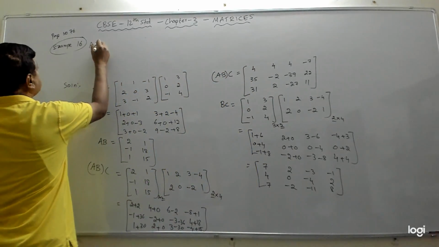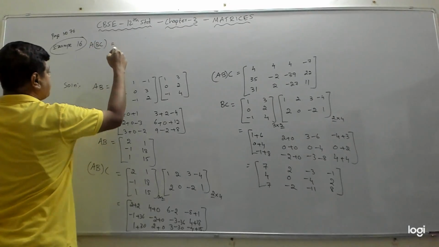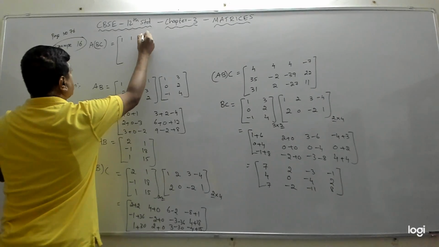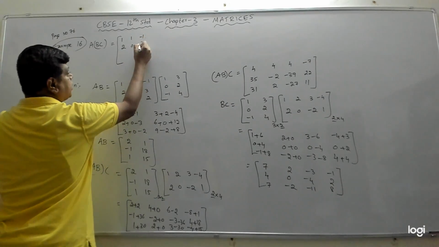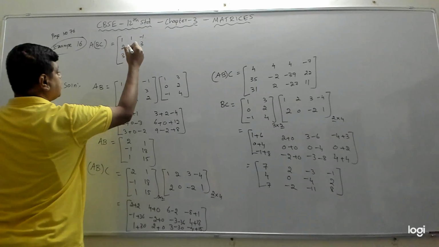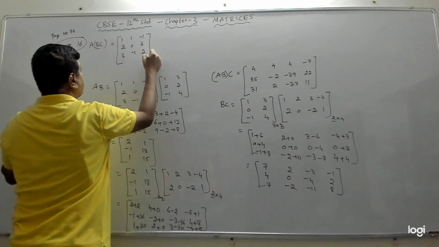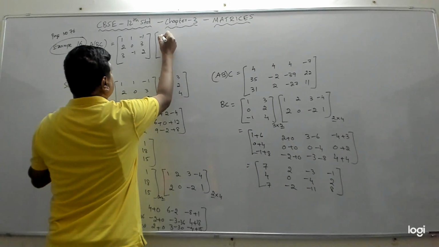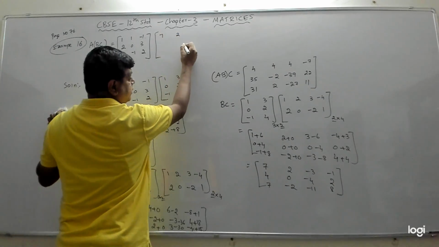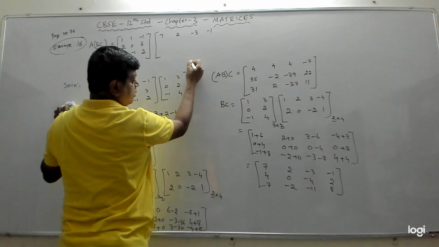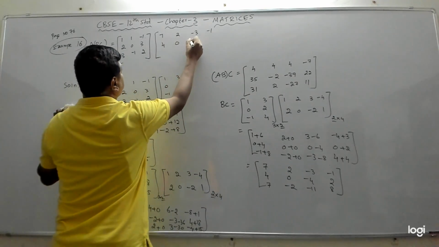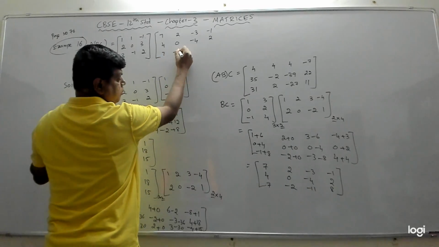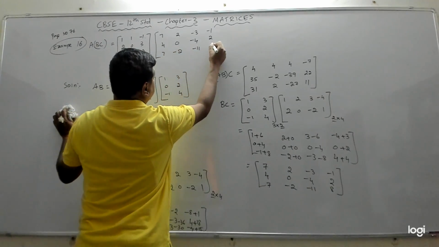A times BC is equal to the A matrix, which is 1, 1, minus 1, 2, 0, 3, 3, minus 1, 2, multiplied with this matrix BC, which is 7, 2, minus 3, minus 1, 4, 0, minus 4, 2, 7, minus 2, minus 11, 8.